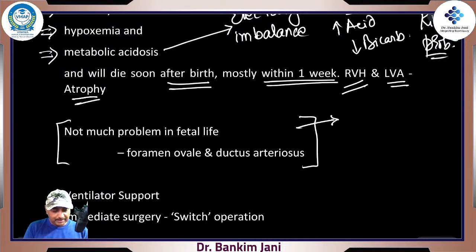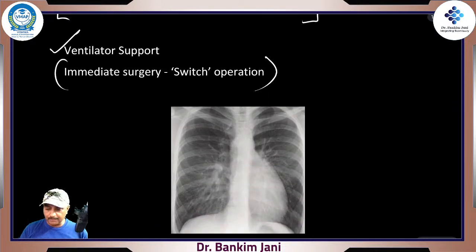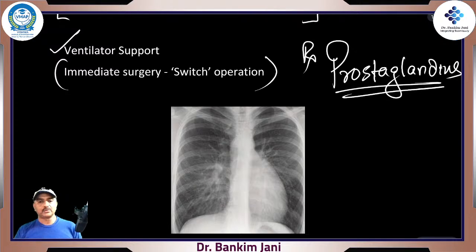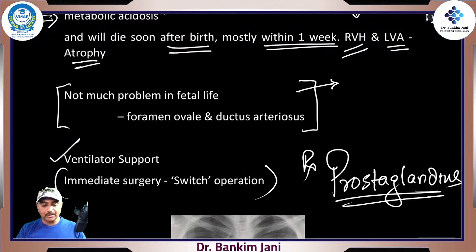Such a patient requires ventilator support and immediate surgery, which is like a switch operation. So you have to really switch it. And this is the point where prostaglandins play a major role. Prostaglandins are to be started instantly, so that the ductus arteriosus remains open. If this is not anticipated, think from the perspective of a non-medico.